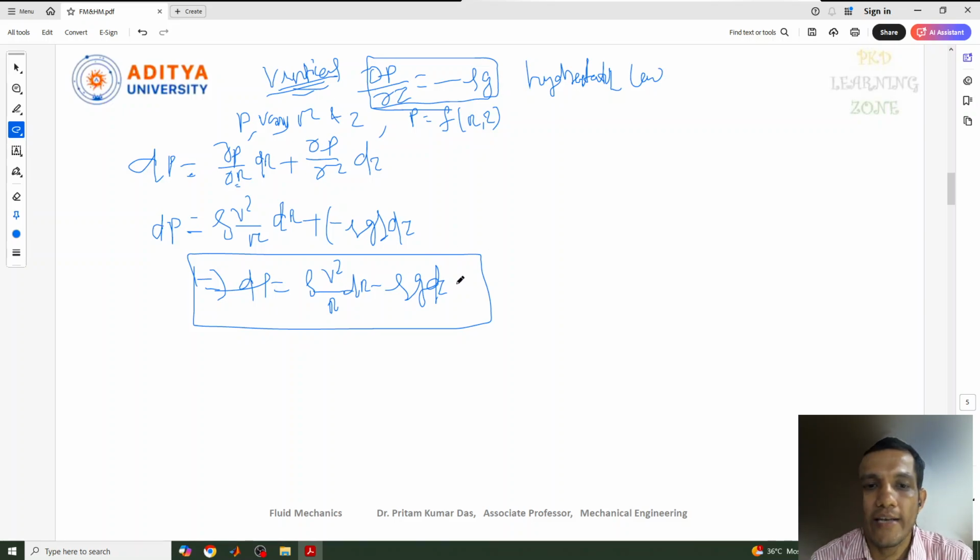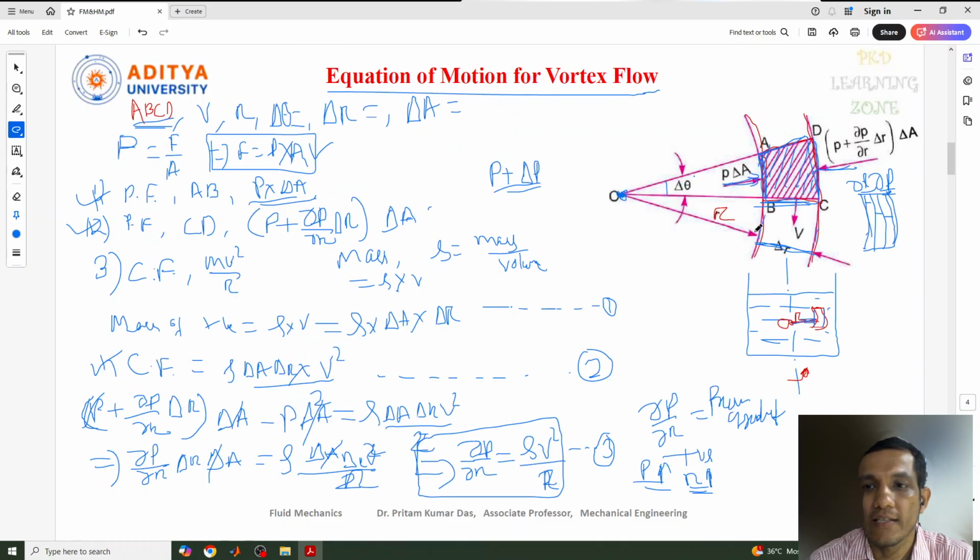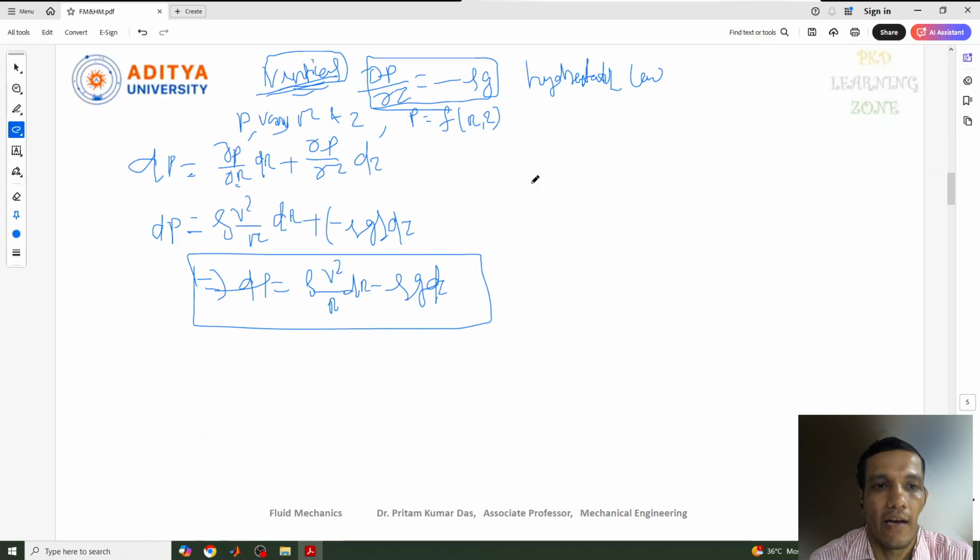Now this equation gives the variation of pressure of a rotating fluid in any plane. We have taken the vertical plane, and previously the horizontal plane. So this equation we can write for the vertical as well as the horizontal plane.